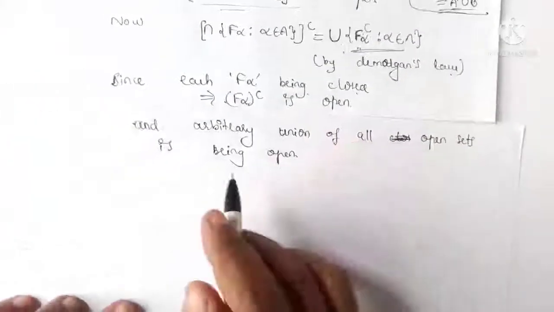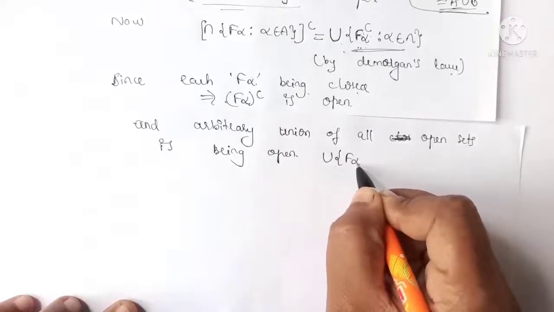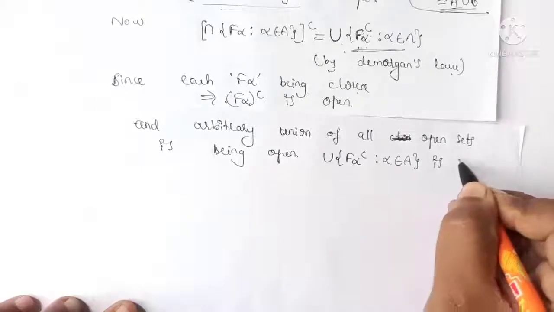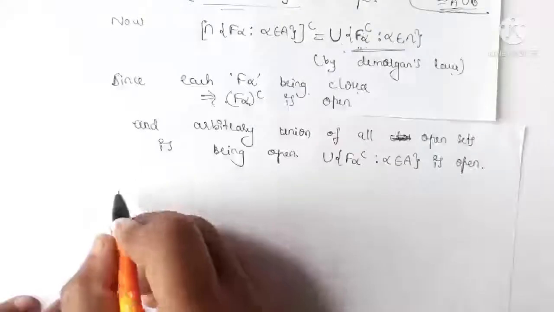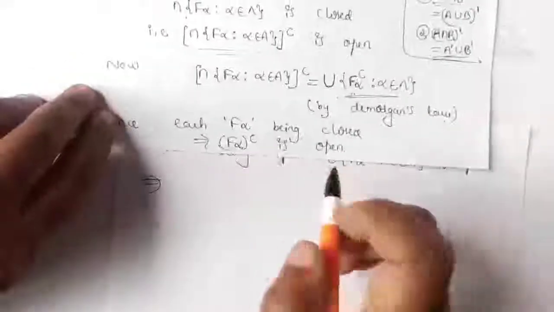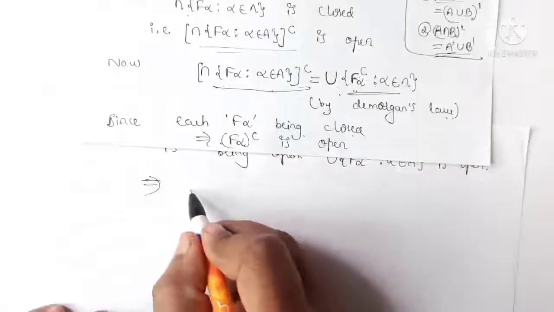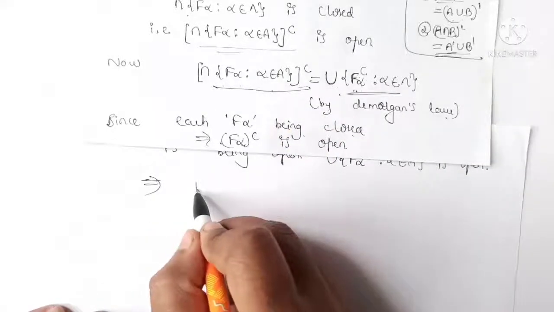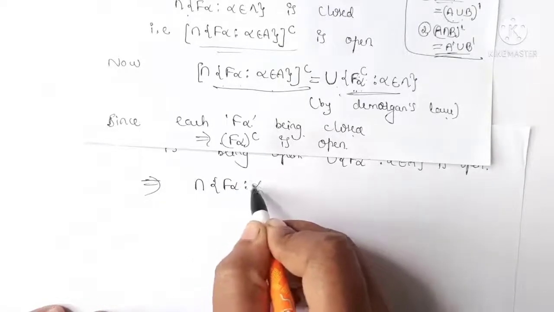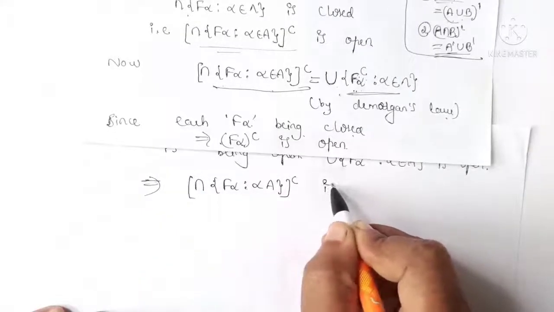That is, the union of the complements of all the elements is open. Consequently, because this equals the intersection of F alpha complement, we say that the complement of the intersection of F alpha, alpha belongs to A, is open.